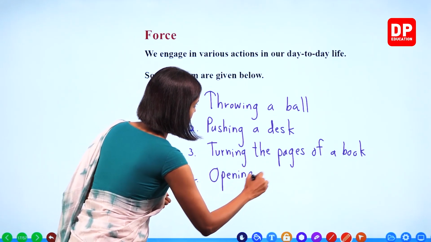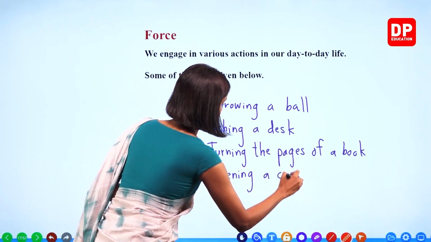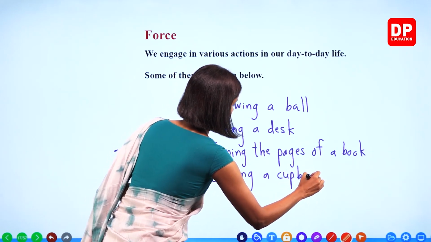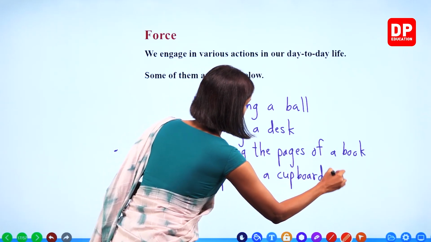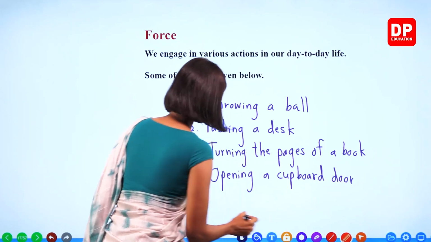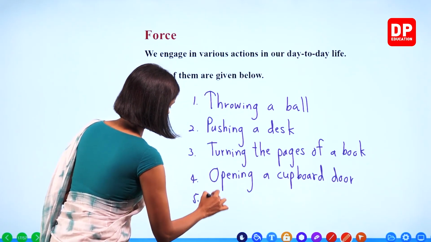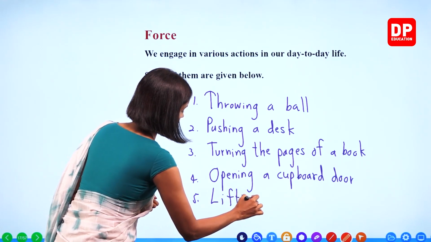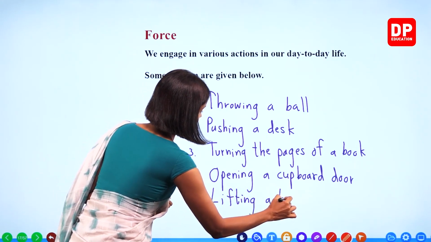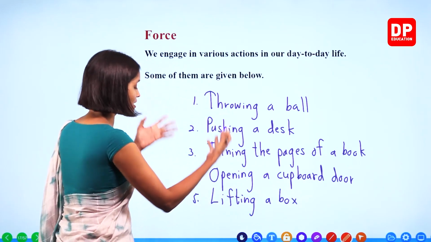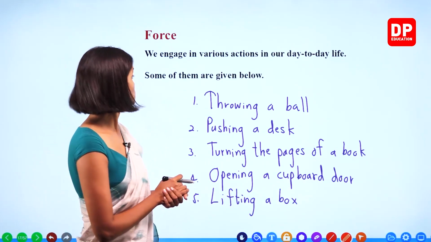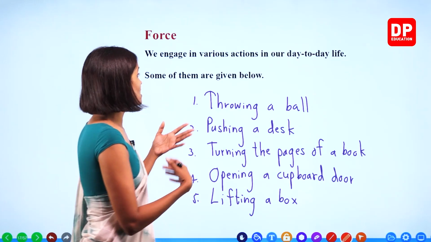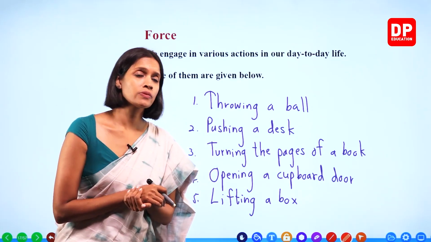Opening a cupboard door. Then lifting a box or lifting an object. Lifting a box. Likewise, you can write many examples for the things that you do, right? Different, various activities that you do.